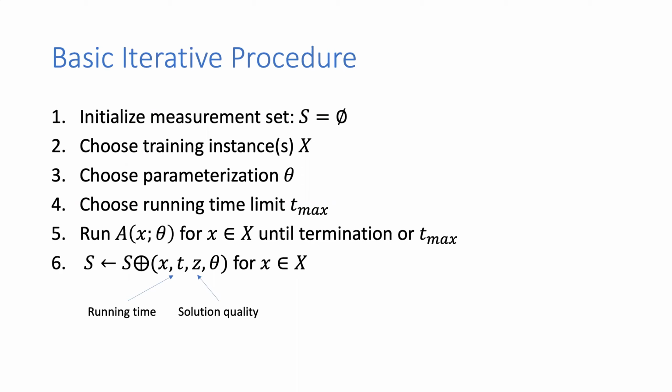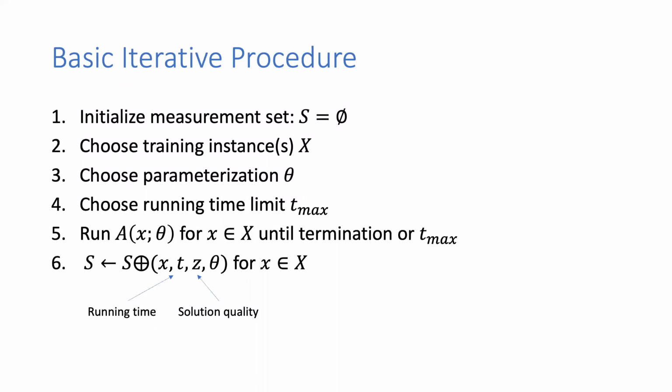We take those measurements, including the solution quality, which I'm going to call Z, just to have a completely disjoint notation so that nothing's confusing, because sometimes people call it Y, but I use Y as the solution of the algorithm. So I'm going to call it Z here.